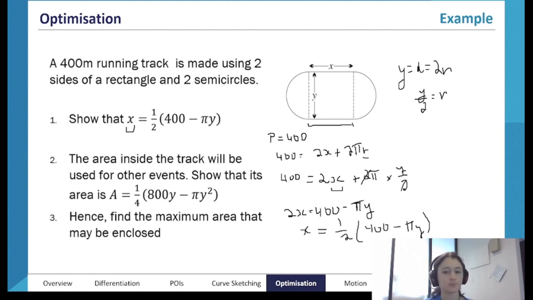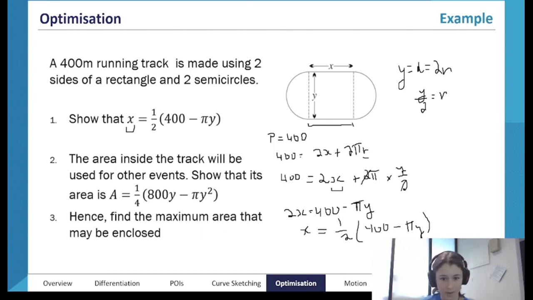Okay, so for the next part of the question, we need to show that the area inside the track, which will be used for other events, is equal to 1/4 of 800y take pi y squared. So this is a similar thing that we need to do here. We need to find the area.